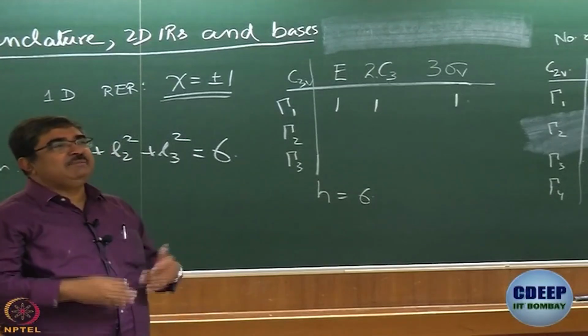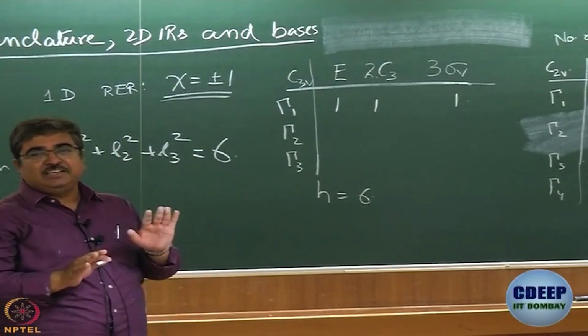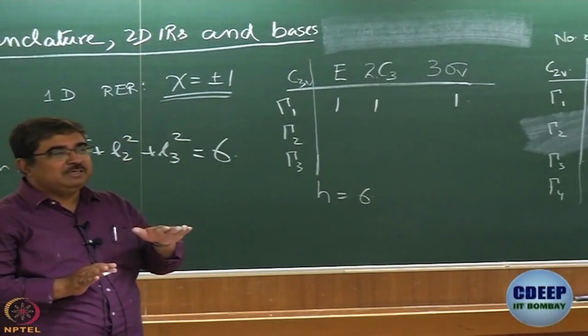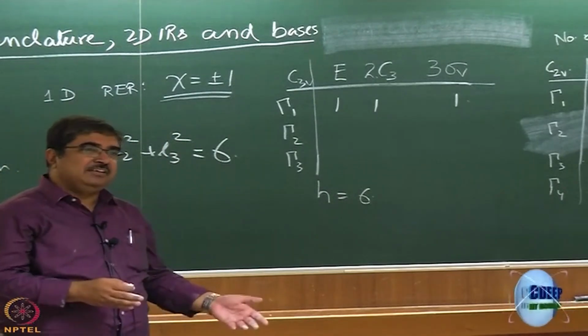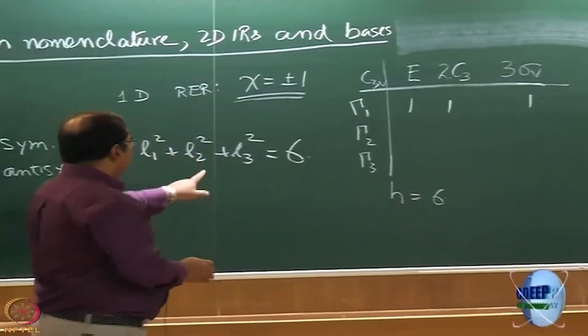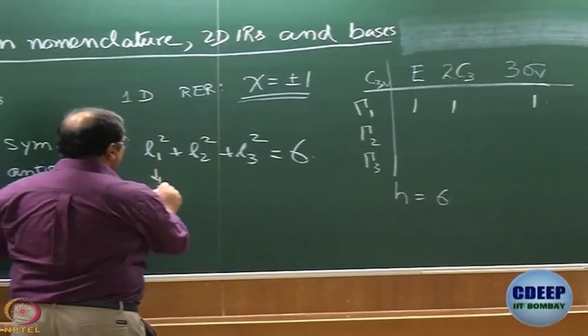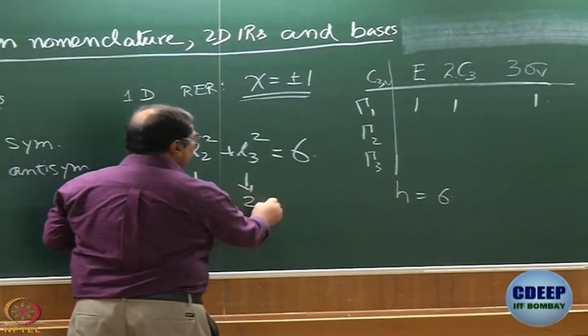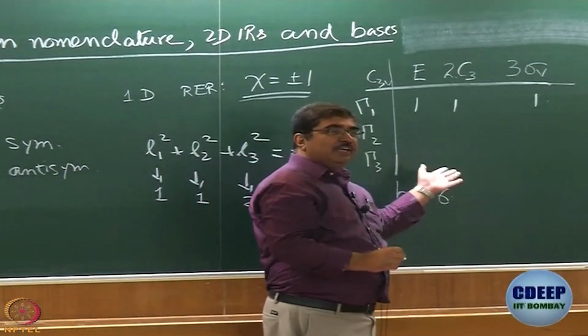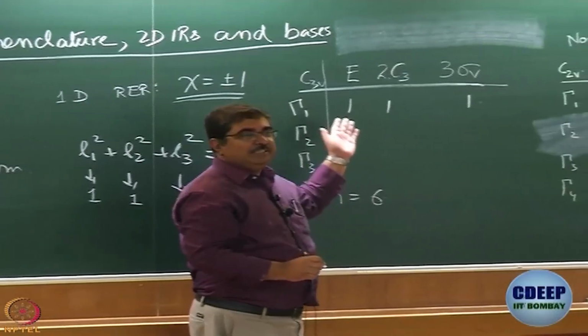It can be 1, 2, 1, it can be 2, 1, 1, does not matter. But conventionally, we write the one dimensional irreducible representation first, then 2 dimensional, then 3 dimensional. Okay? 1, 1, 2. So, l1 is 1, l2 is 1, l3 is 2. So, here we encounter a 2 dimensional irreducible representation.